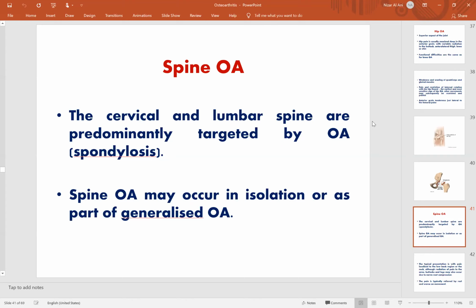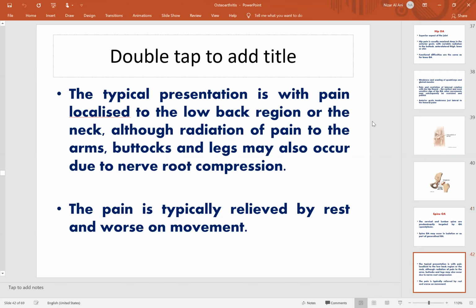It can occur in isolation or as part of generalized osteoarthritis. The typical presentation is with pain localized to the low back region or the neck, which can radiate to the arms or buttocks and legs due to nerve root compression by osteophyte. The pain is typically relieved by rest and worse on movement.